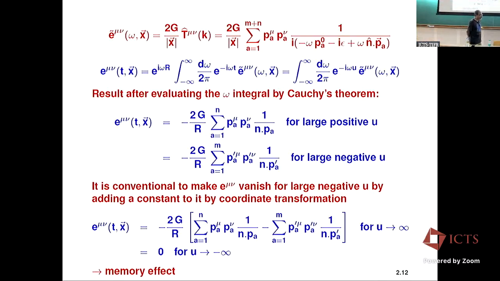Those are included in PA. When you talk about the outgoing particles, this includes both the matter as well as the finite energy gravitons. Those you are just treating as matter. So the sum over A includes also the outgoing finite energy gravitons.